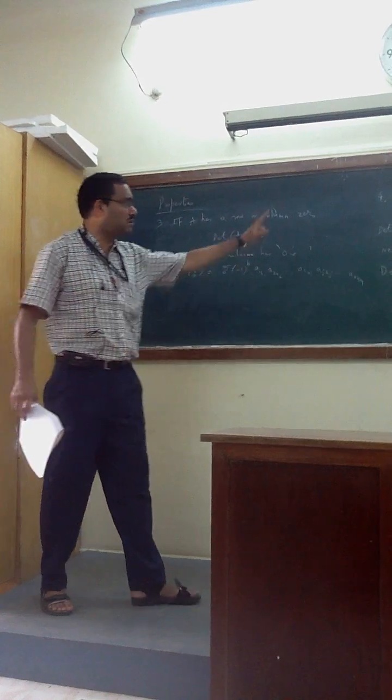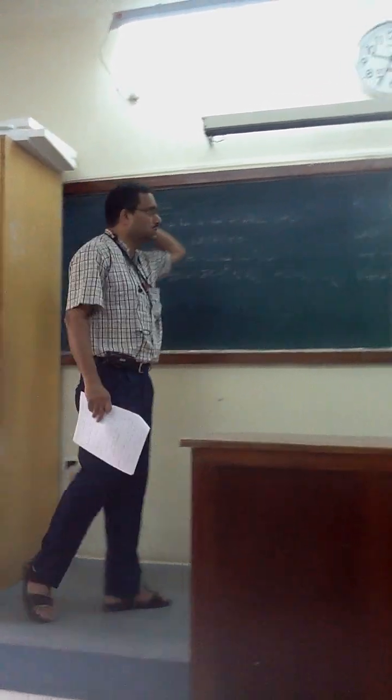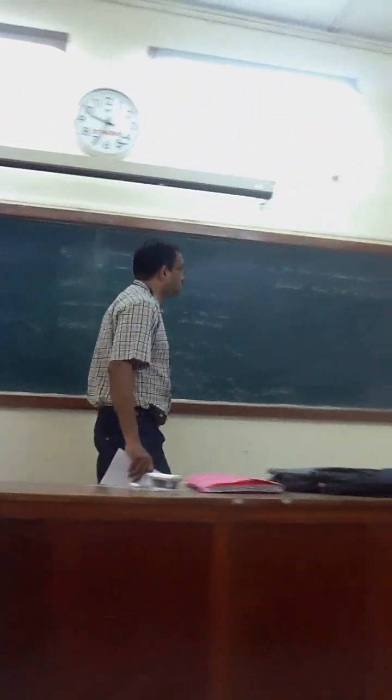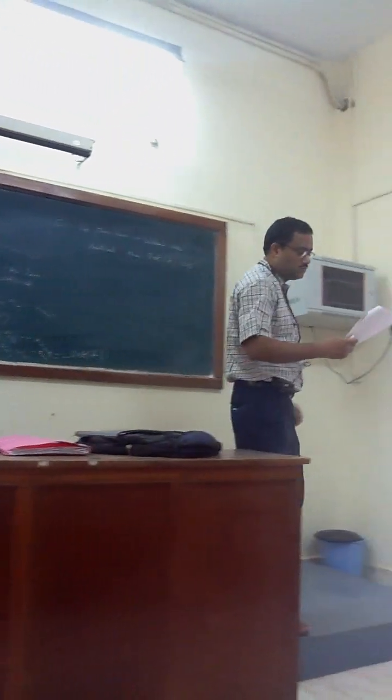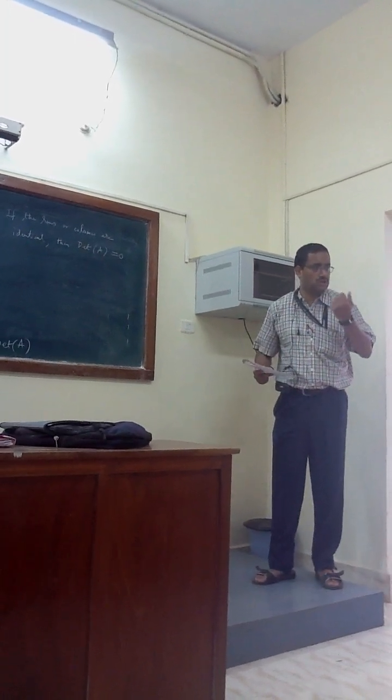Can you prove it from here? You have done it. Who can volunteer? How to prove that determinant of A equals 0? No idea, first bench? Yes, how to prove it?